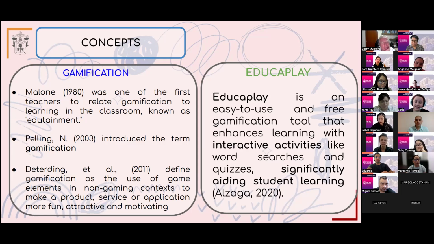As you can see, this term is considered a revolution that has introduced significant change in society. On the other hand, EducaPlay, in a few words, is an online platform for creating and sharing educational games and activities.